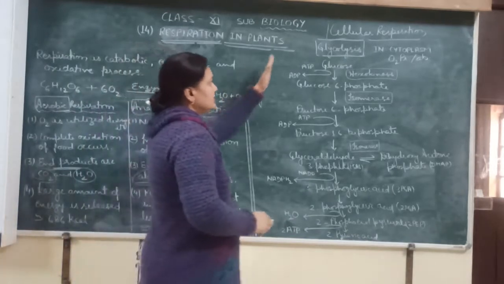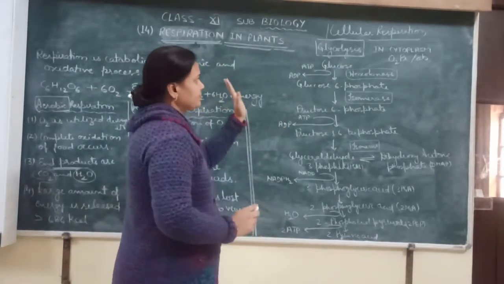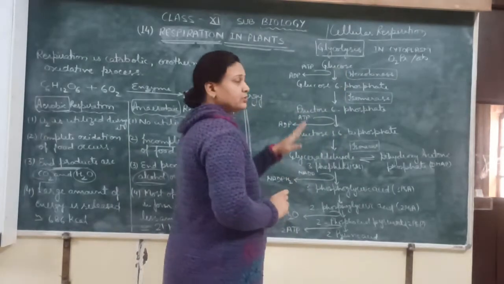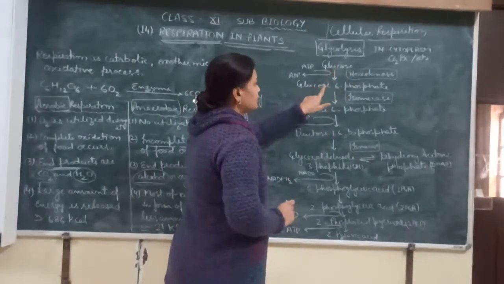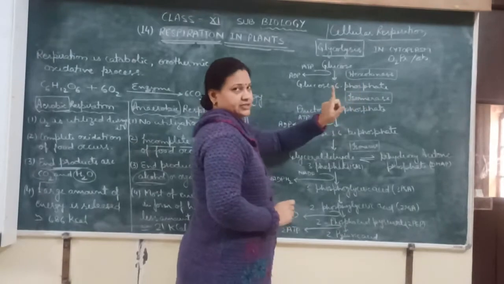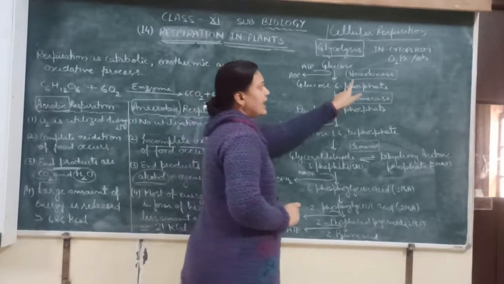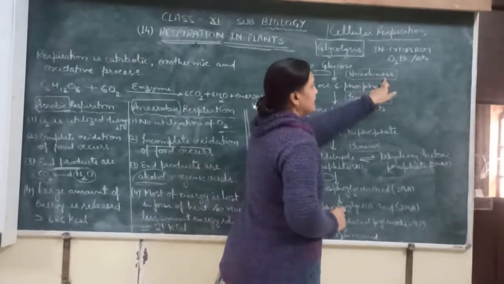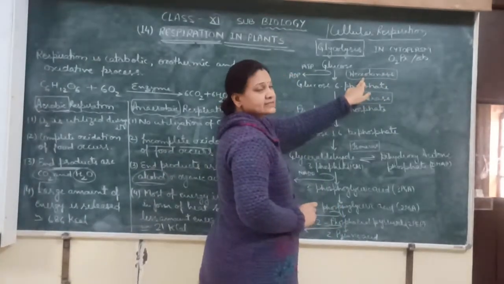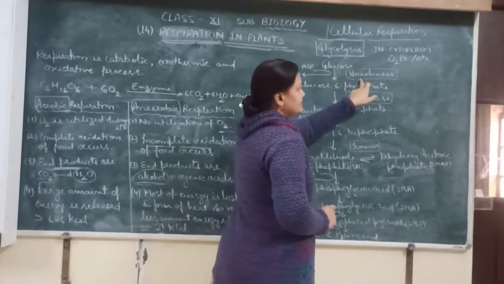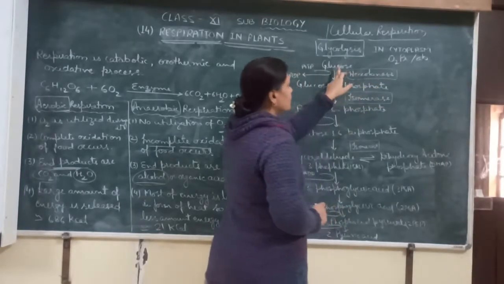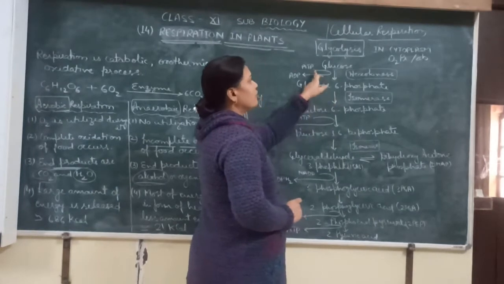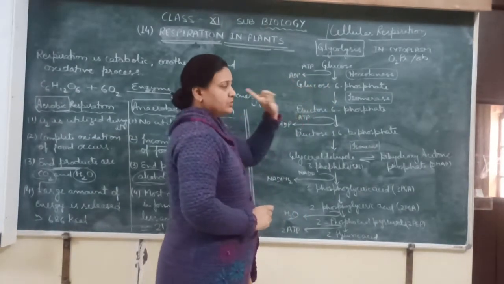And what are the steps of glycolysis? First, the glucose molecule is converted into glucose 6-phosphate in the presence of the hexokinase enzyme. Kinase is related to energy, and hexo means 6 carbon atoms. So the enzyme hexokinase converts glucose into glucose 6-phosphate, and during this reaction, 1 ATP molecule is consumed.